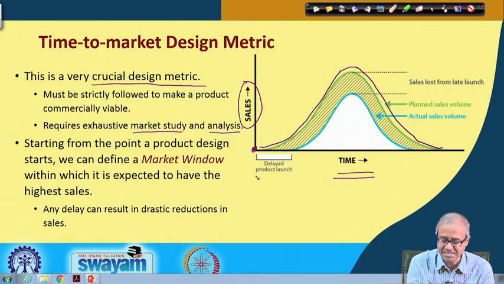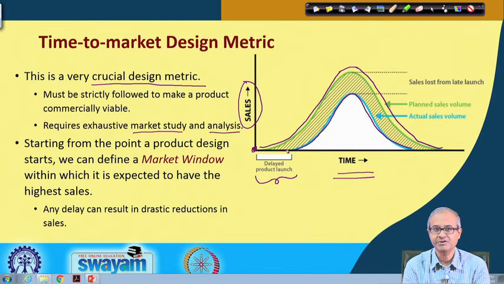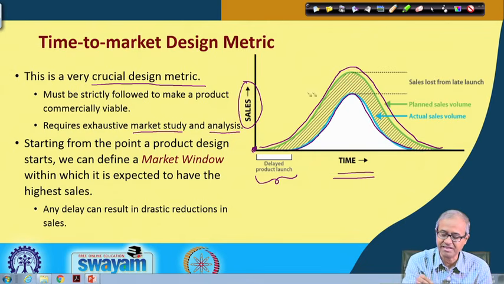And suppose there is a delay in the product launch. So, instead of this curve, you are now following this inner curve. There was an initial delay. So, you see the curve will be similar again, but the peak, the maximum sale that you can achieve, becomes much less.